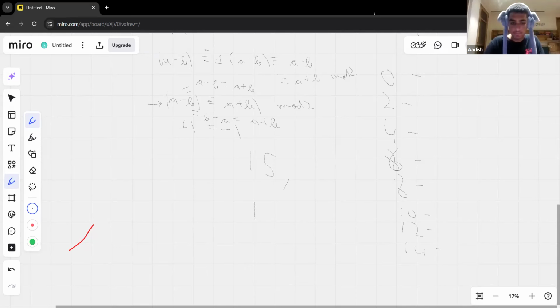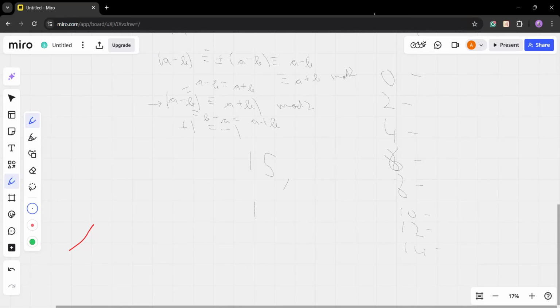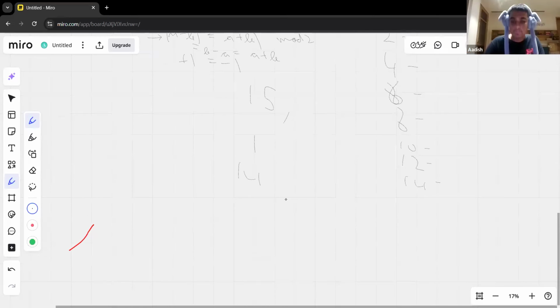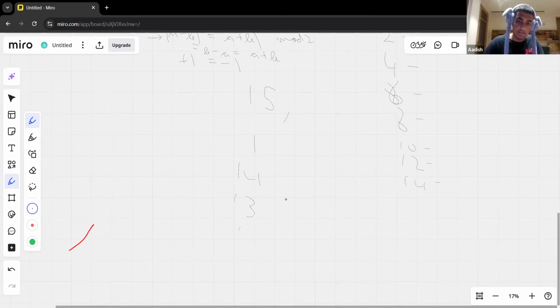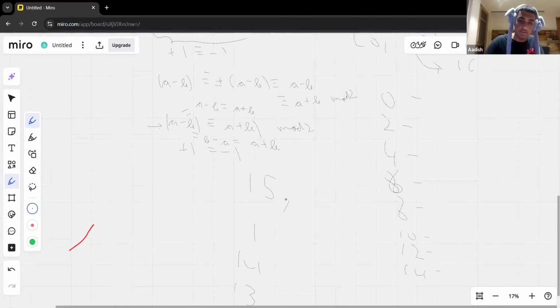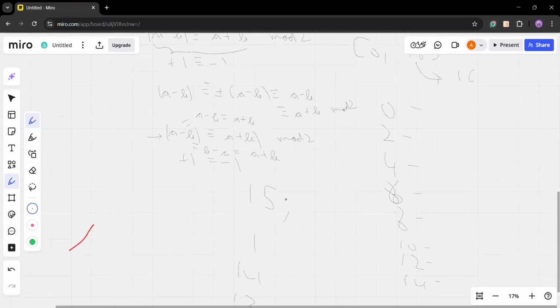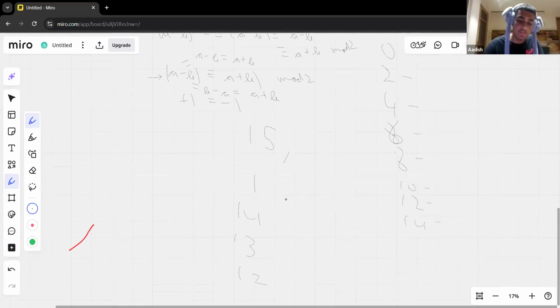So now you have 15 and 1. Then in the second step, you subtract 1 from 15 and you get 14, and you keep on trying to reduce the maximum number on the board. Then it will become 13 and then 12. Because the total number of steps is known, we can bound it. The number of steps is 4, and so it must end at 12.